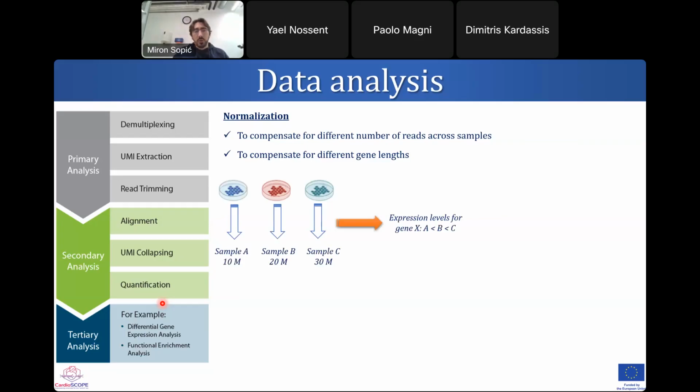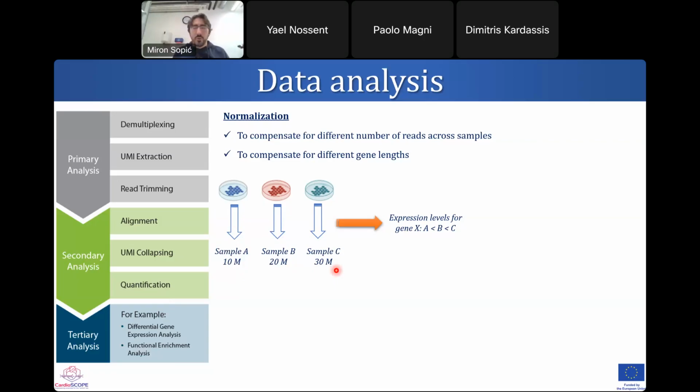So why do we do the normalization? Imagine the scenario where you have three different samples. You extract exactly the same amount of RNA, and then you perform library preparation and sequencing, but you end up with a different number of reads in all these samples. For example, in sample A you get 10 million, in sample B 20 million, and in sample C 30 million. And this is reality.